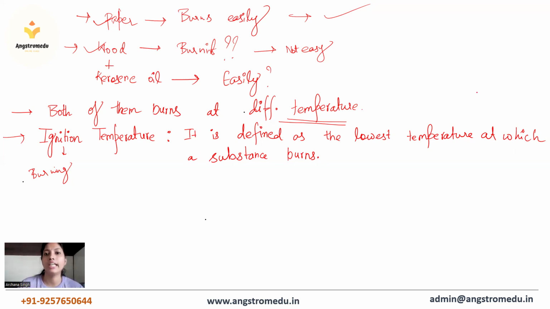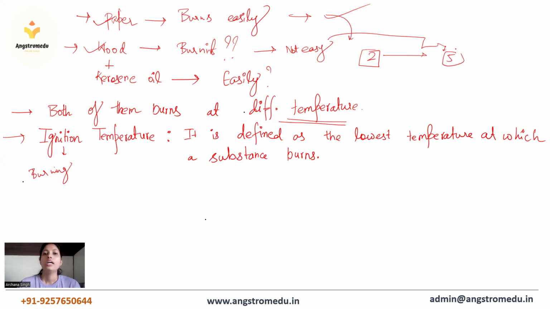Suppose we take a measure on a scale, like 2 to 5. Paper is burning easily, so let's take its ignition temperature as 2. If wood is taking time, let's take that it is 5. So all of the different materials have different temperatures to burn. Until they reach that temperature, they won't burn properly. That is called the lowest temperature at which a substance starts to burn.